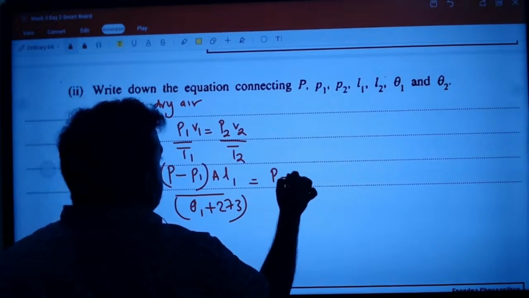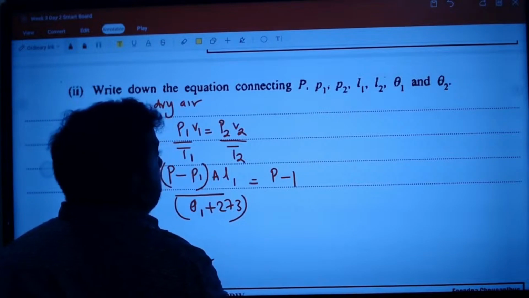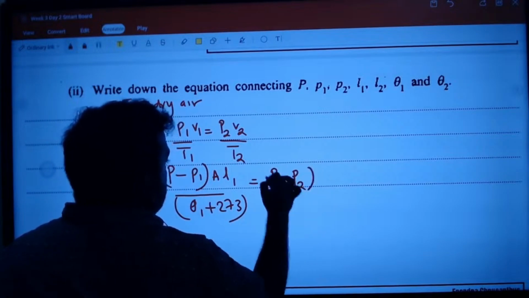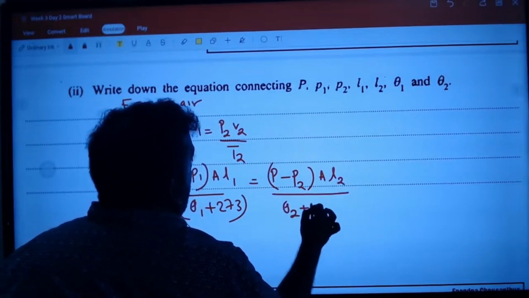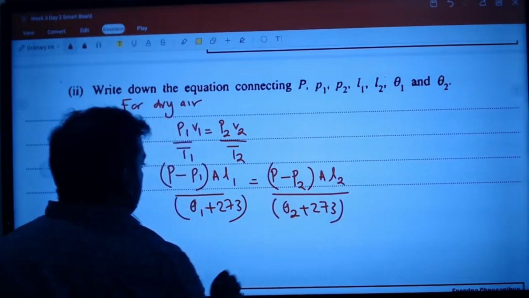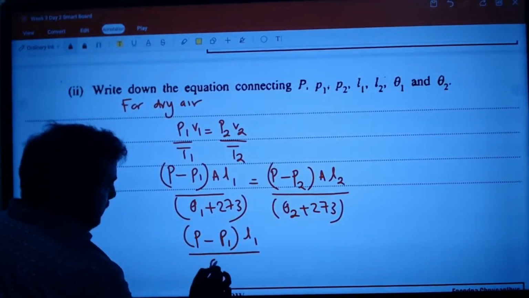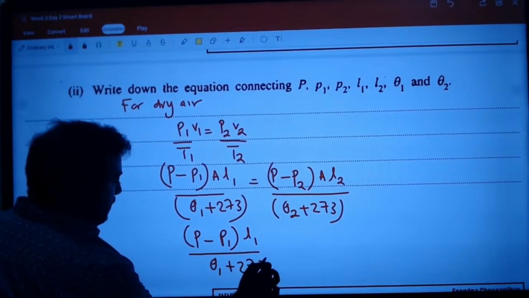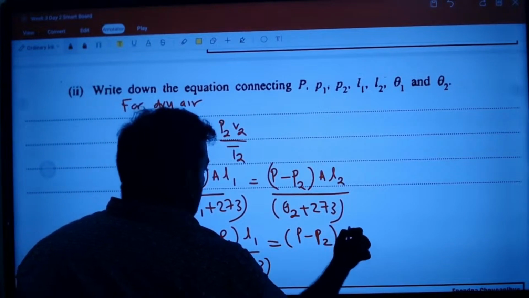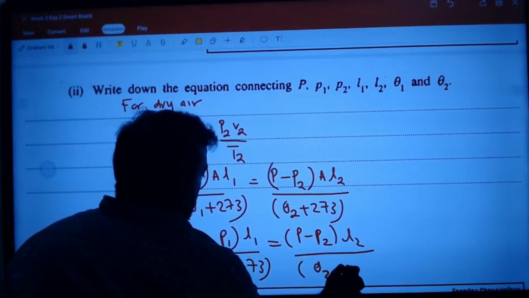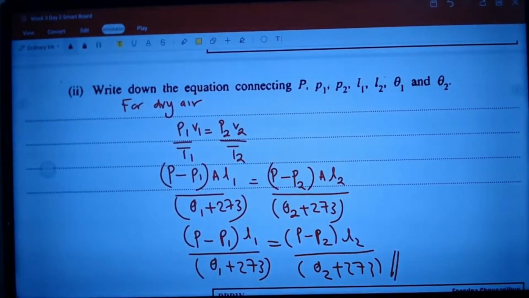Here P minus P2, A times L2, theta 2 plus 273. So (P minus P1) L1 divided by (theta 1 plus 273) equals (P minus P2) L2 divided by (theta 2 plus 273).